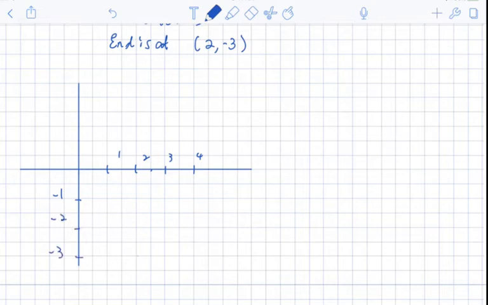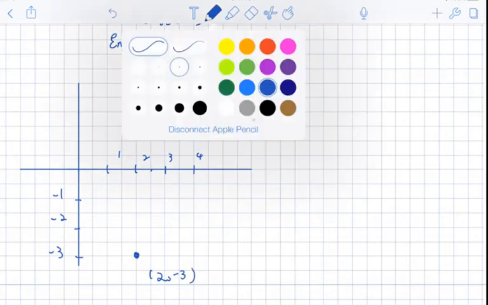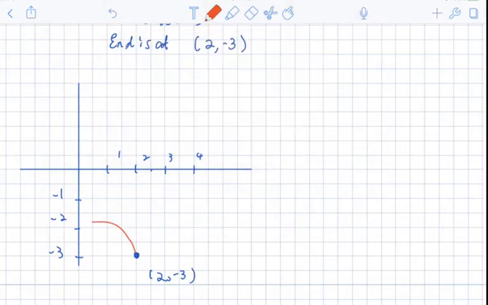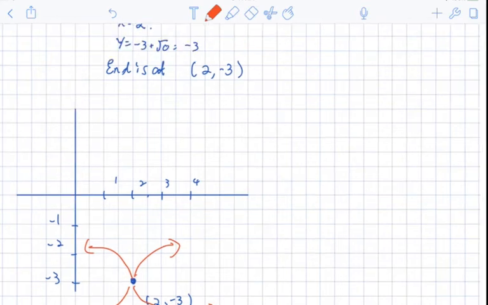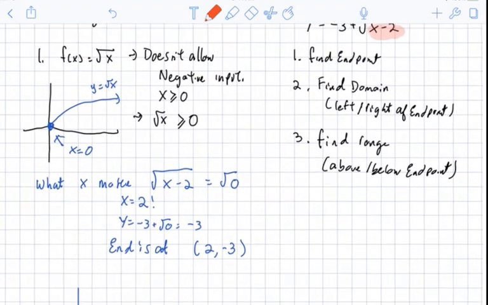So I know that the endpoint of my graph is going to be right there at (2, -3). And the only thing I have to figure out now is whether the function goes like that, whether it goes like that, or whether it goes like that out of that point. So step 1 is finding the endpoint.